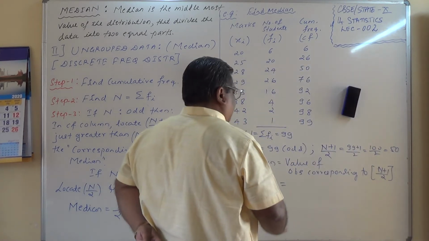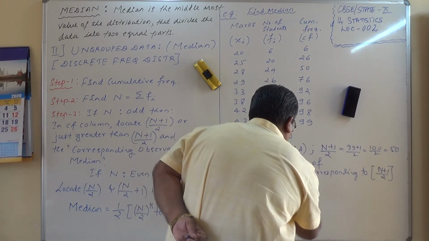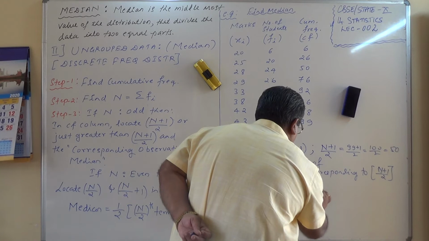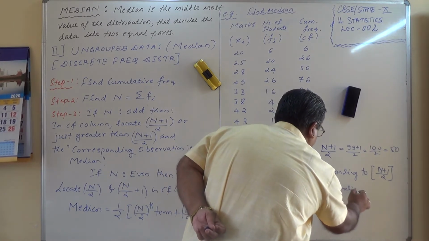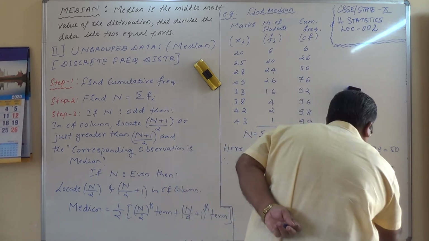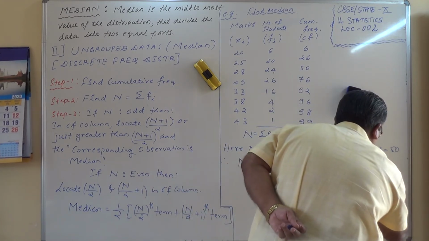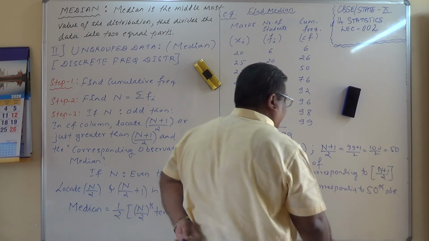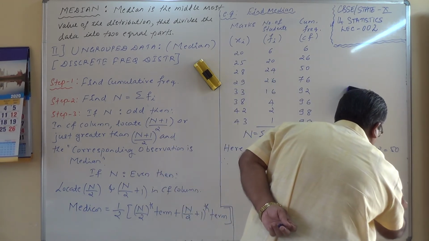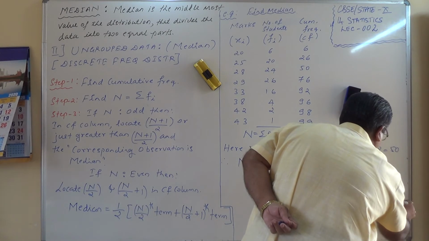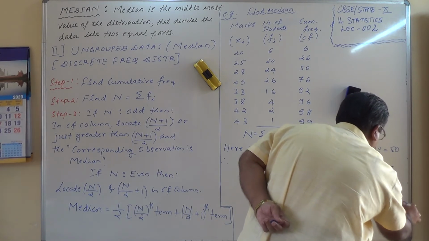Okay, so the value corresponding to the 50th observation, the value corresponding to 50 in the CF column. I'll write 50 in the CF column so that you can understand also.